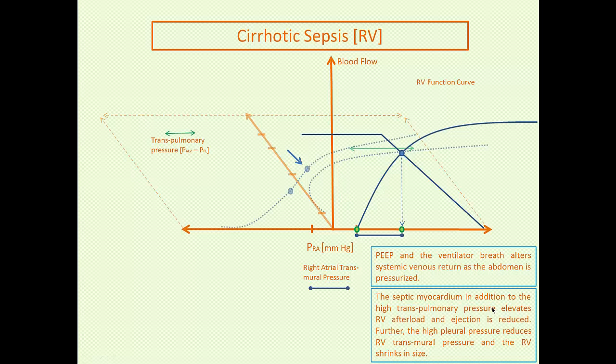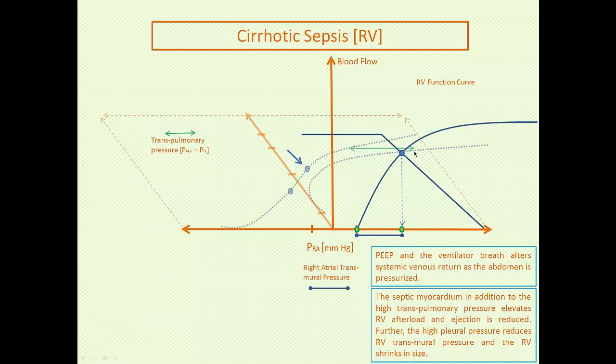So the septic myocardium, in addition to the high transpulmonary pressure, elevates RV afterload and ejection is reduced. The high pleural pressure, what have I written here? Well, I guess what I've alluded to is that the transpulmonary pressure is kind of elevated.